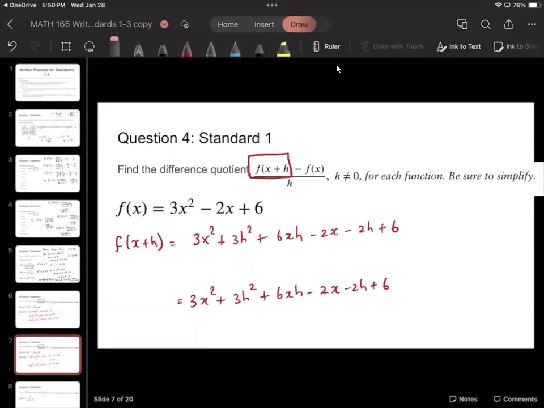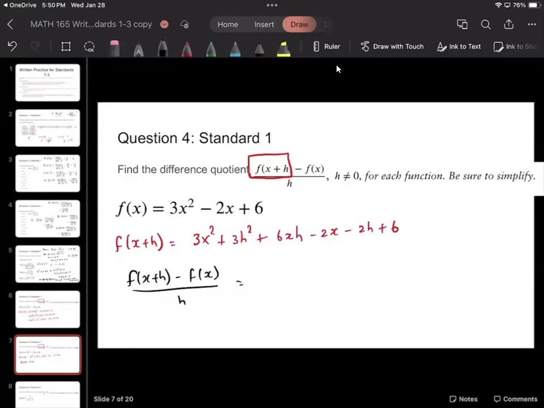So now I'm going to find the difference quotient. What is the difference quotient? It is nothing but f of x plus h minus f of x, all over h. So I will replace this for f of x plus h, and then I will subtract from it f of x.